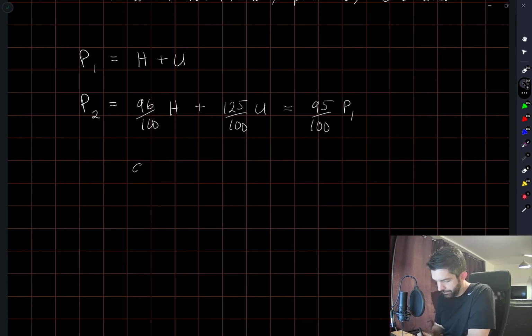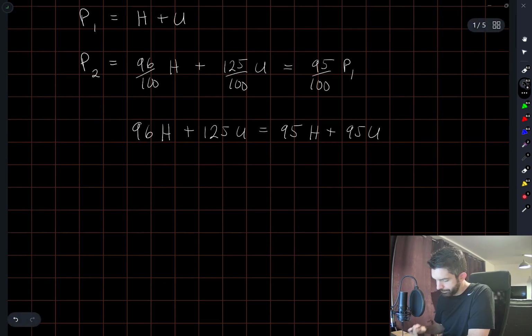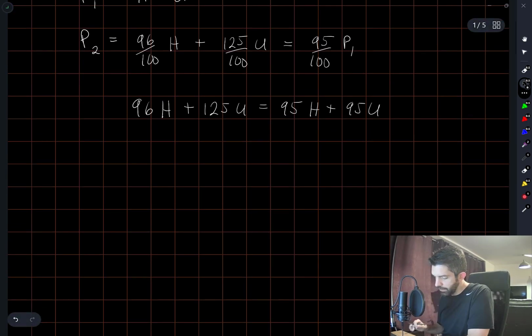So what do we have here? I have 96H plus 125U is equal to 95P1, like that. And ultimately what I need to solve for here is H over U, or U over H, whatever.